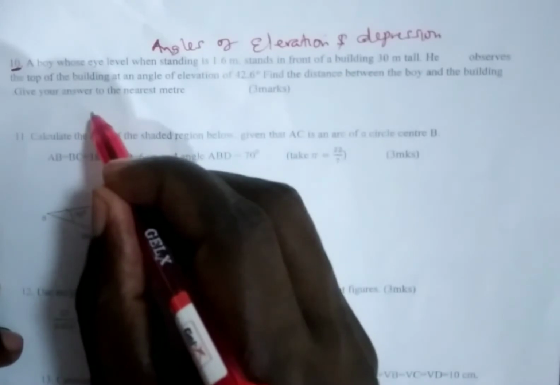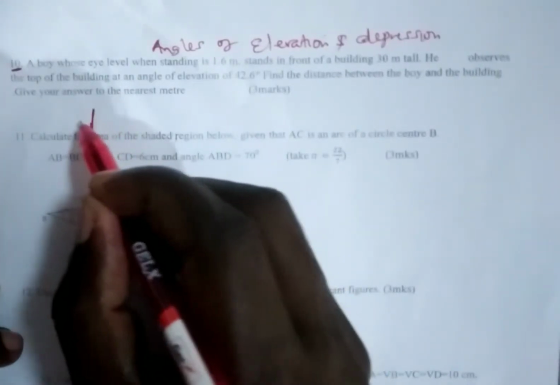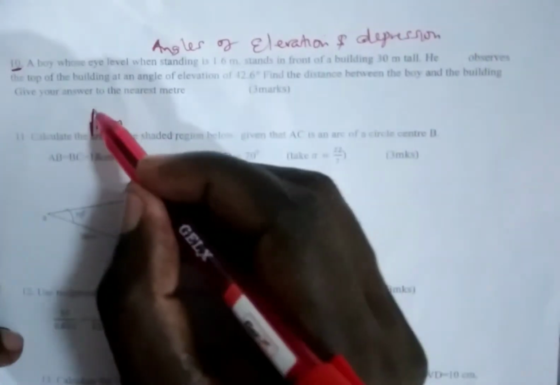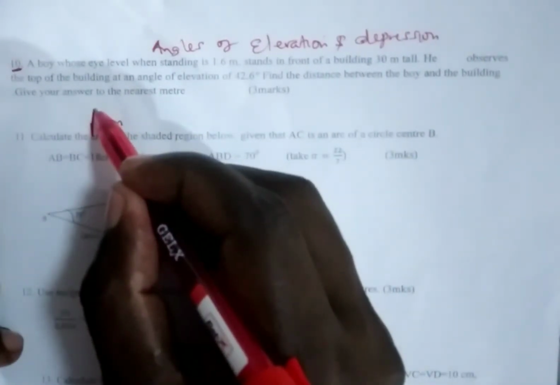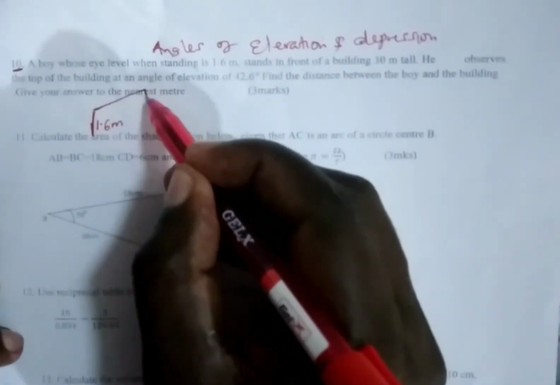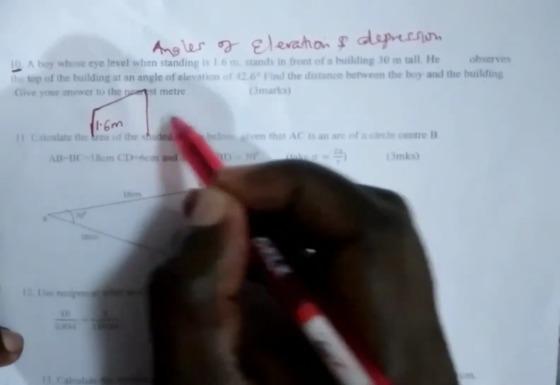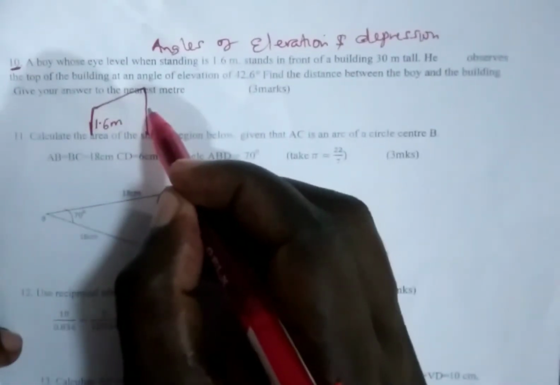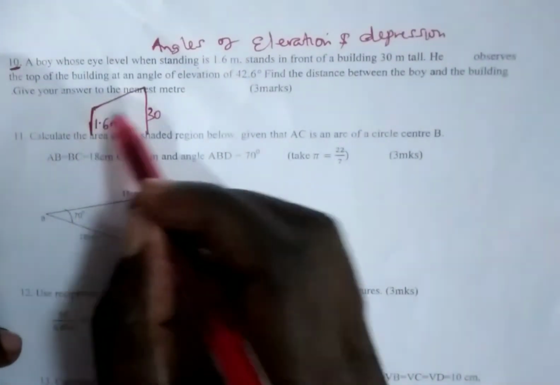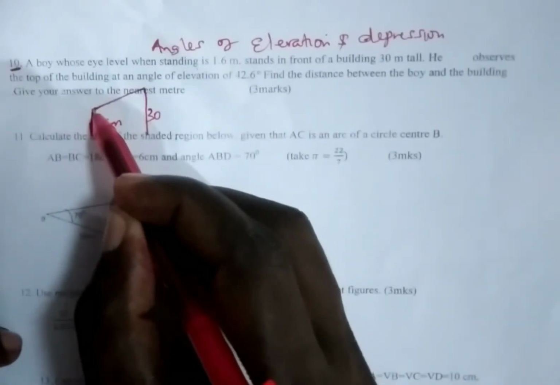We have the boy who is 1.6 meters, and this boy observes the top of a building, and the building is actually 30 meters high. The angle of elevation, that is the angle, these are his eyes.